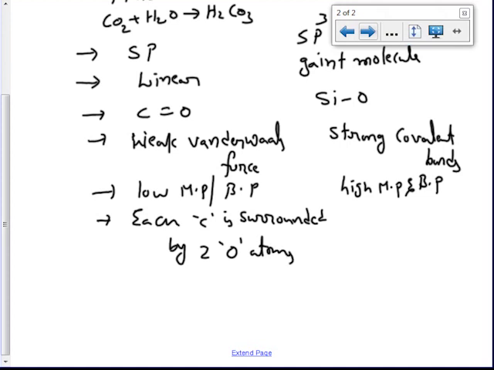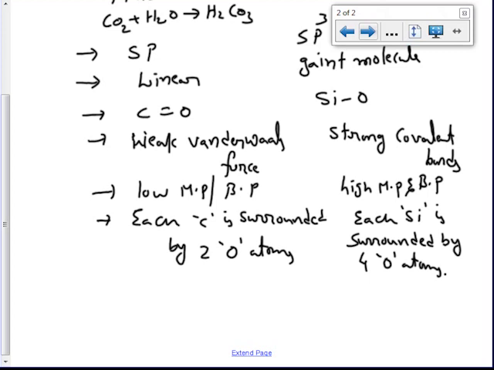But here the formula is SiO2, it is a three-dimensional giant molecule. So each silicon is surrounded by four other oxygen atoms.